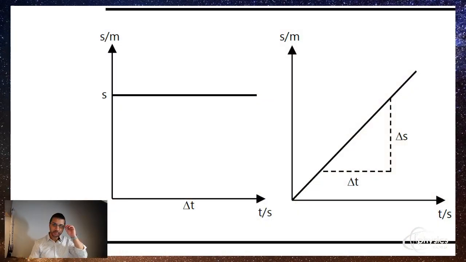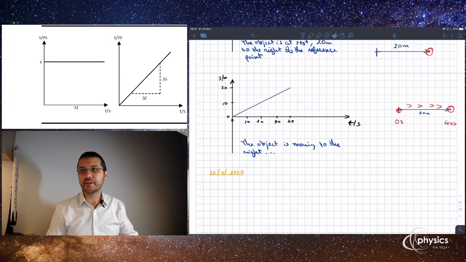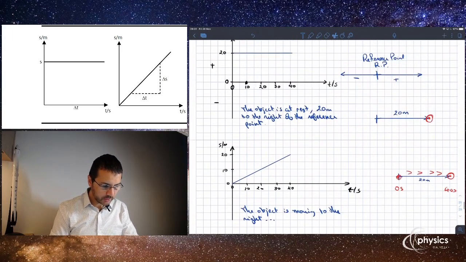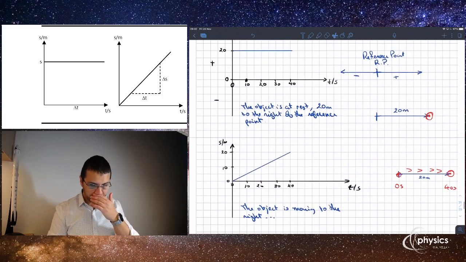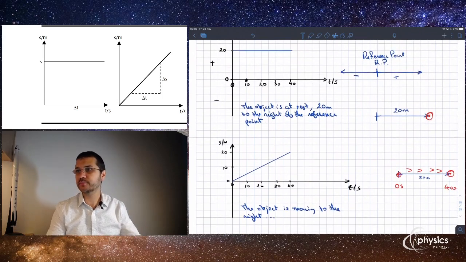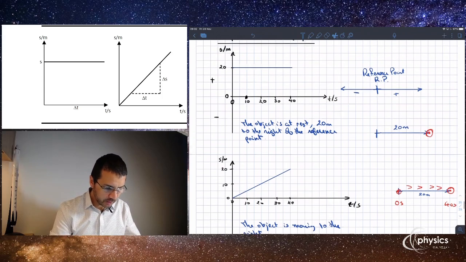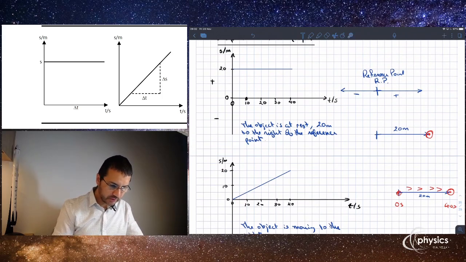Last time, yesterday, we were talking about graphs, displacement time graphs. And for now, what we said was that we have to read the graph, alright? We have to read the graph to be able to understand where the object is and what the object is doing. And for now, we looked at two graphs.